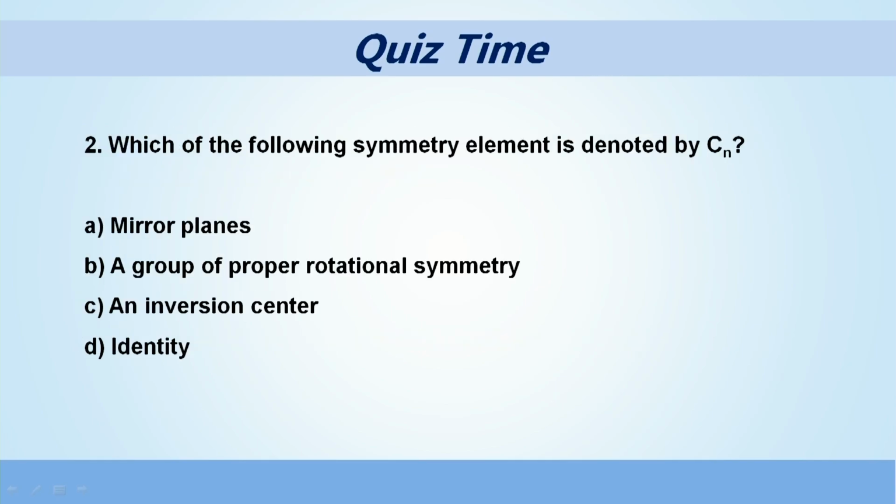Question number 2. Which of the following symmetry element is denoted by Cn? Option A, mirror planes. Option B, a group of proper rotational symmetry. Option C, an inversion center. And option D, identity.